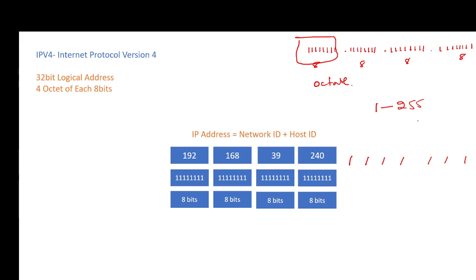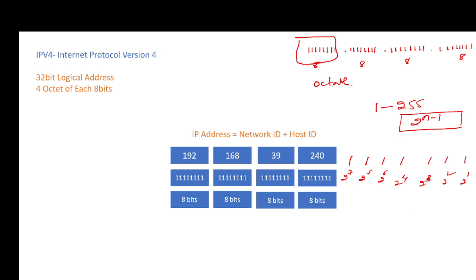There is a formula, 2 to the power of n minus 1. Here n is replaced by the positions: 2 to the power of 0, 2 to the power of 1, 2 to the power of 2, 3, 4, 5, 6, 7.